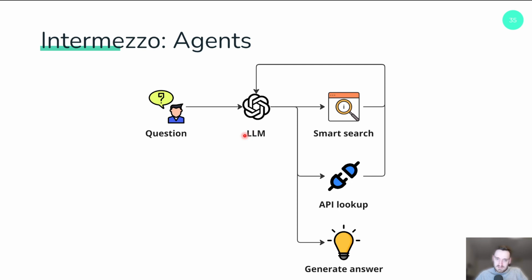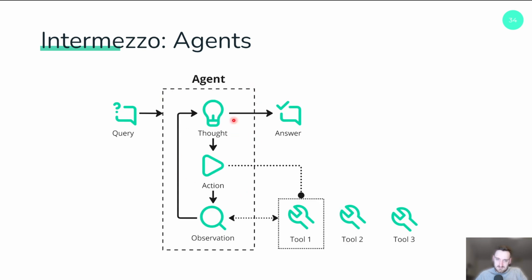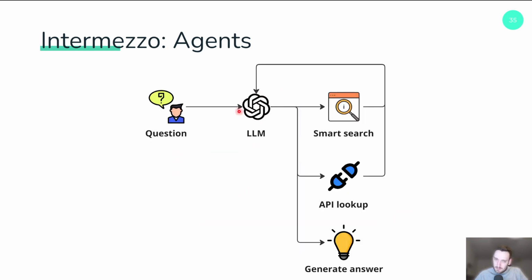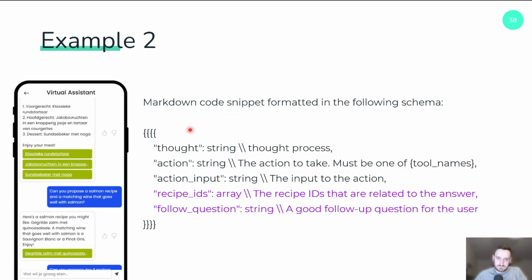The agent is actually just an LLM with a specific prompt. Here you can see the thoughts, the action: what tool am I going to use? It must be one of the tool names you specify. And then you can also say what is going to be the input of these tools.